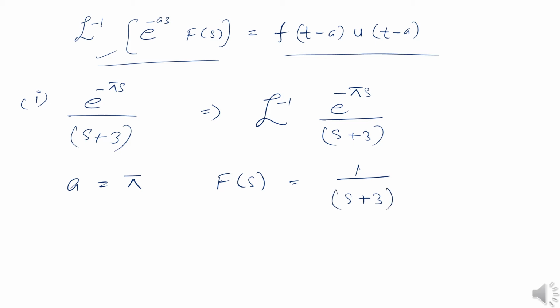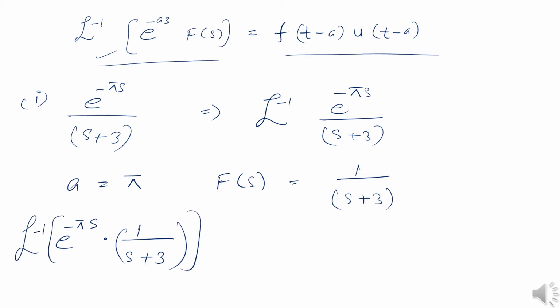So we can write it as e raised to the power negative pi s multiplied by 1 over s plus 3, and the Laplace inverse we need to find is equal to f(t minus a). We can get f(t minus a) from this function, 1 over s plus 3.